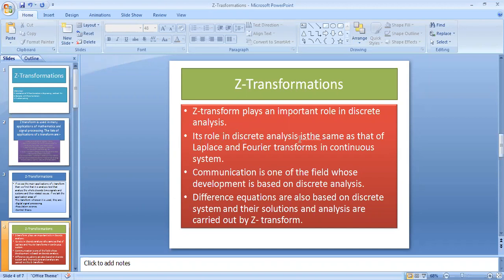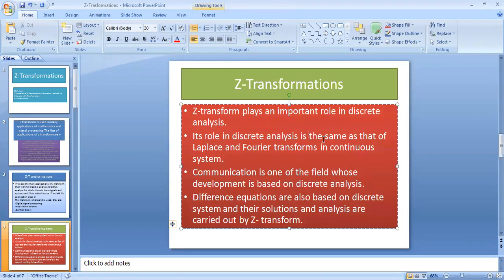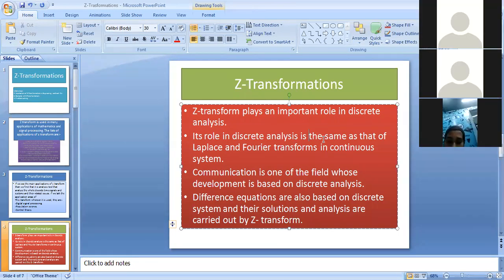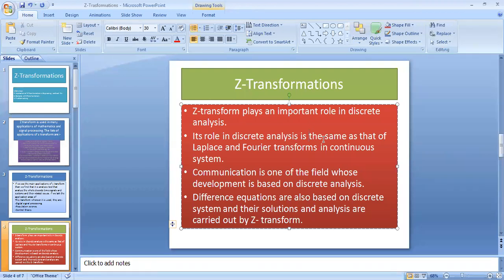Its role in discrete analysis is the same as that of the Laplace and Fourier transforms in continuous systems, but Laplace and Fourier can be applied only in continuous systems. So the Z transformation has a similar role in discrete analysis.